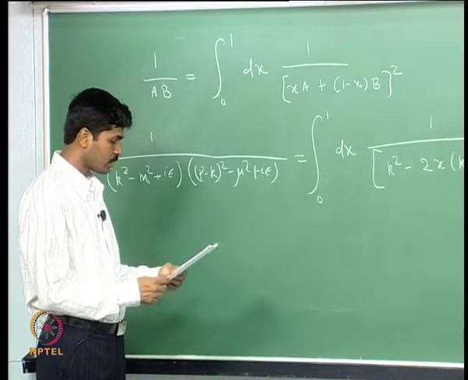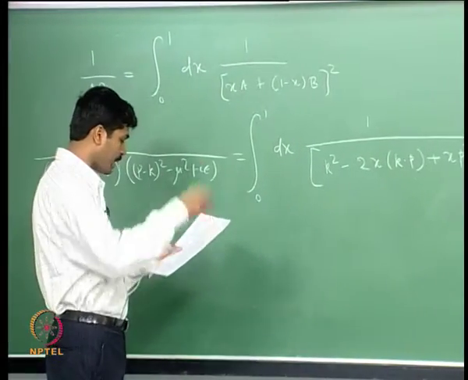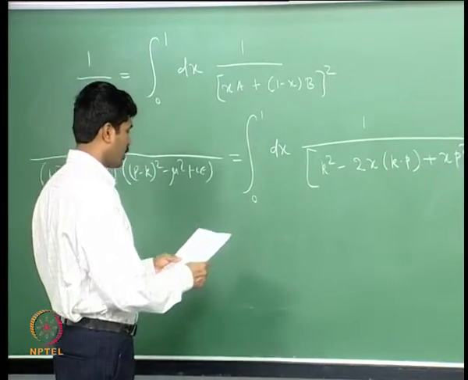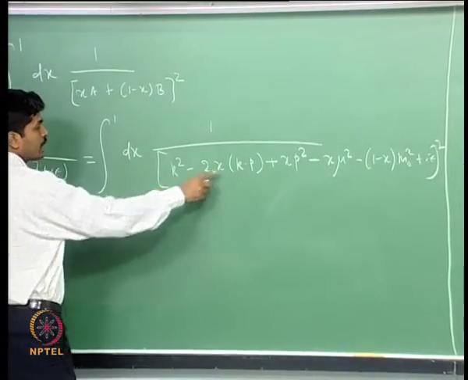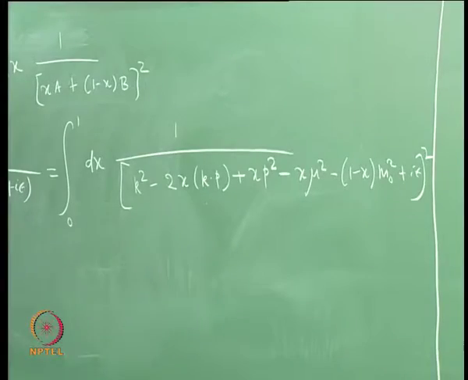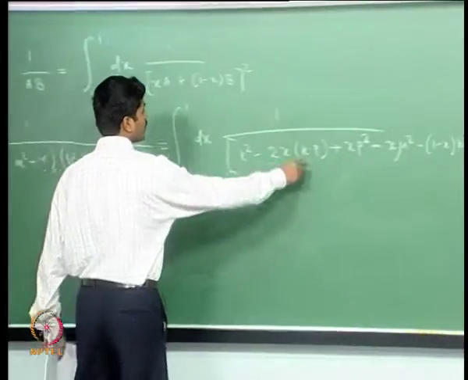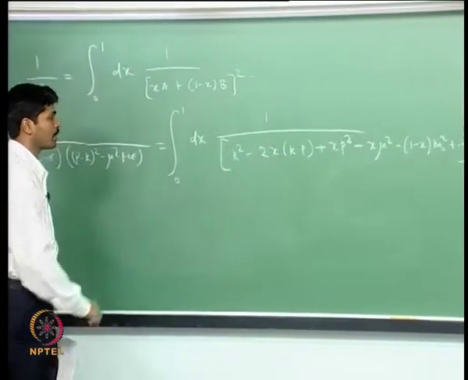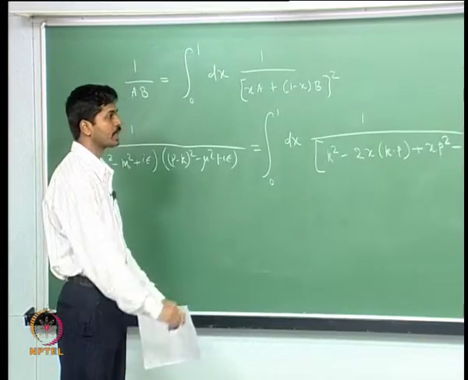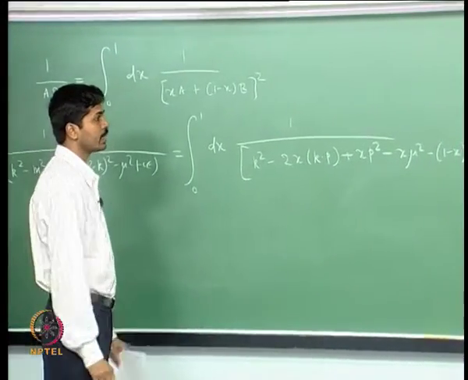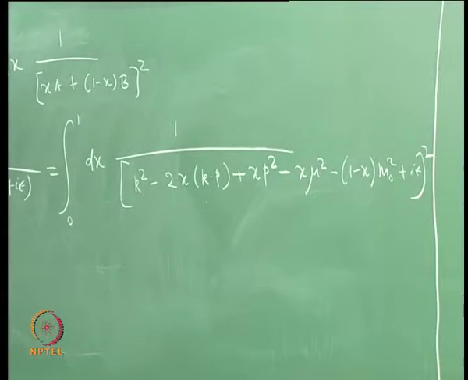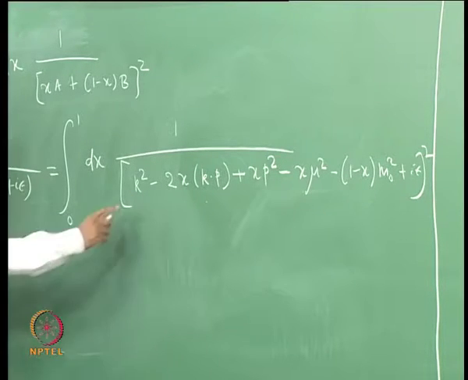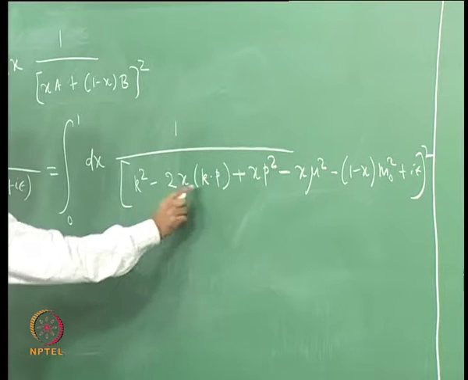What I would like to do again is complete the square here. There is a quadratic term in k and a term which is linear in k. I will write this as a complete square so that we can do the d4k integration. Remember, this k is the loop variable and we have to integrate over all values of k, and to do the integration I need to complete this square.